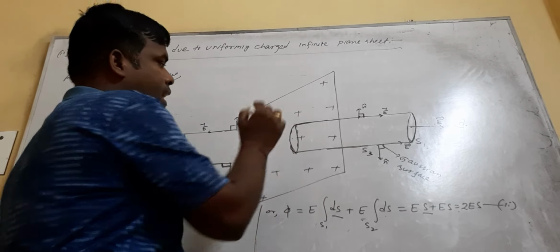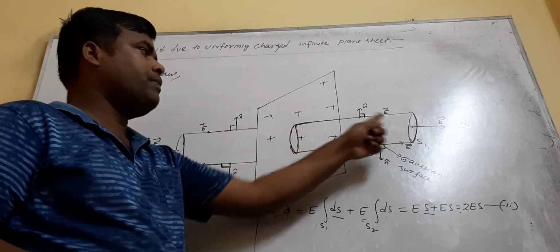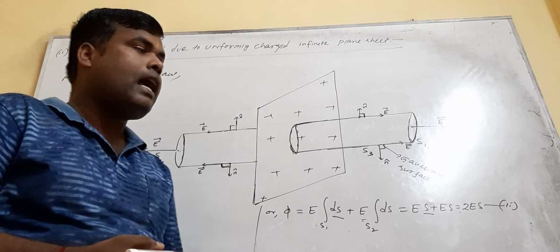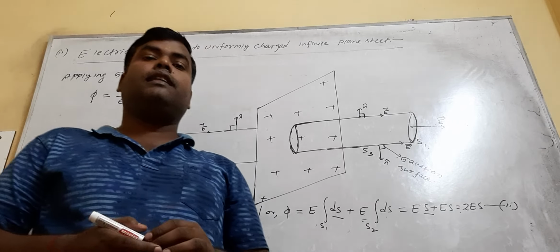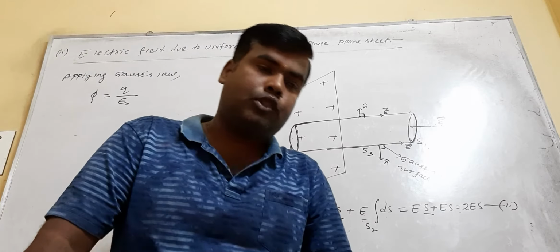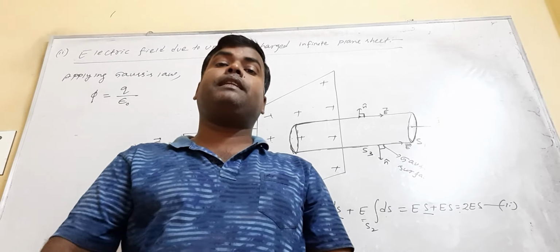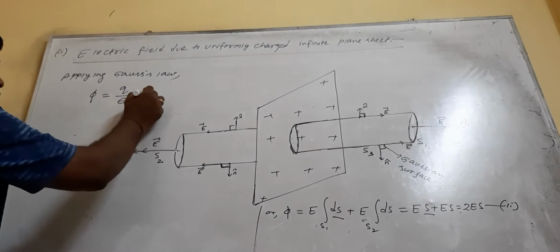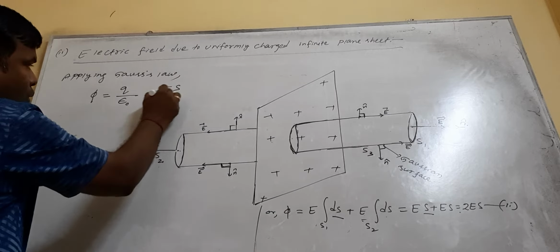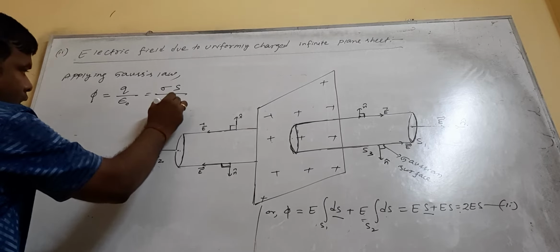Then what is this area? It is the same as the flat surface area, that is S. And as it is a plane sheet, the charge distribution is surface charge distribution, and you know surface charge density is sigma. So Q you can write, that is sigma into S, and phi is Q by epsilon 0, that is sigma S by epsilon 0.